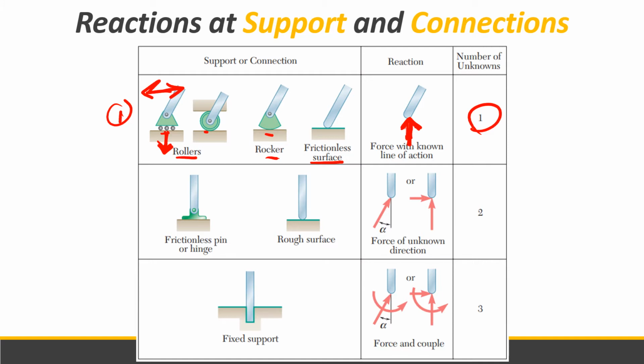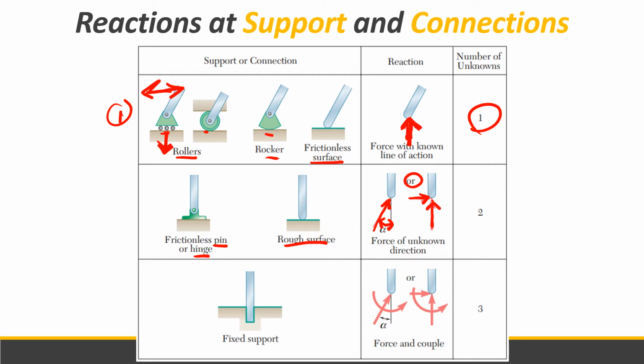So pag ginamit naman is pin or hinge, as I was saying kanina, or rough surface, meron tayong the actual reaction is ganito yung reaction niya. So isang force but at an angle. But for simplicity, gagawin nating dalawa para XY lang yung involved ng mga axis, no?